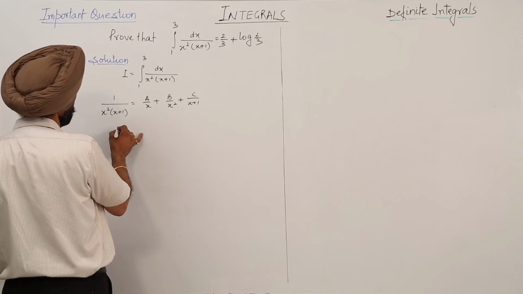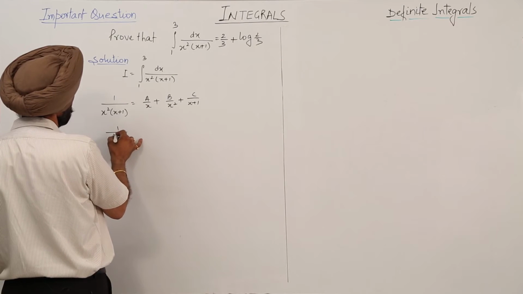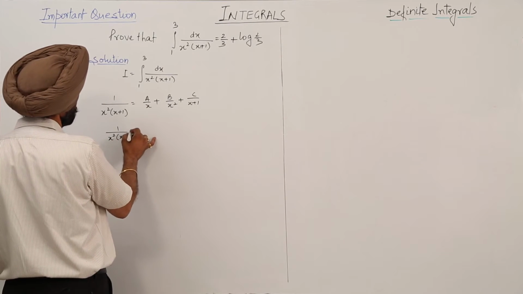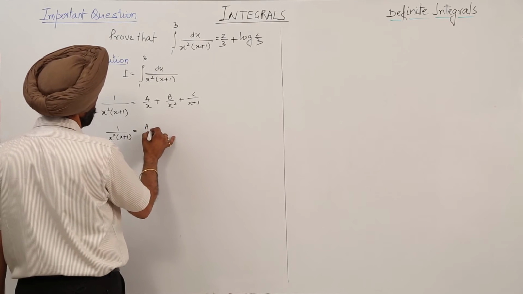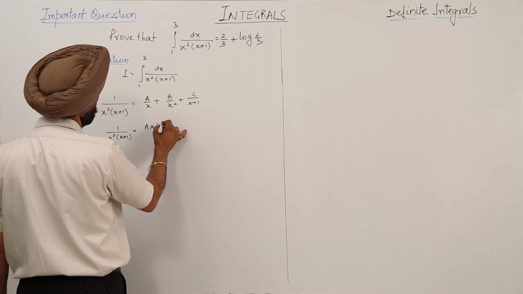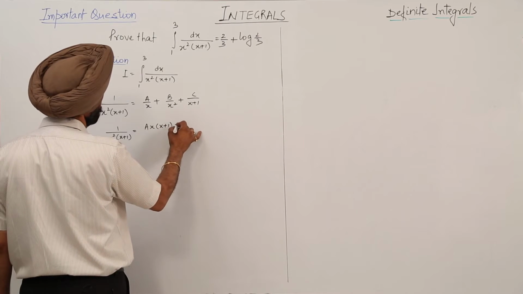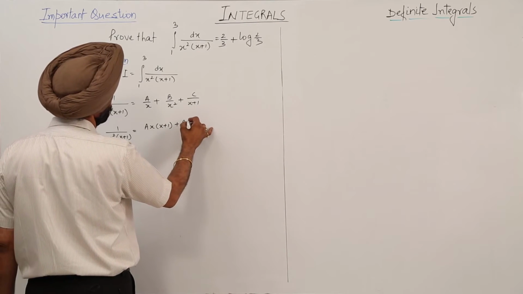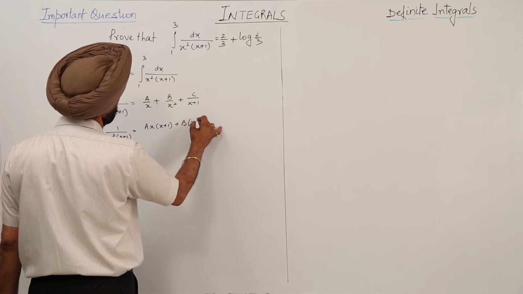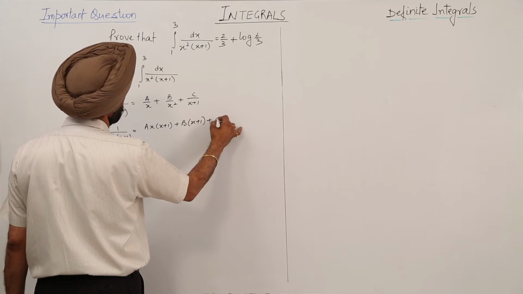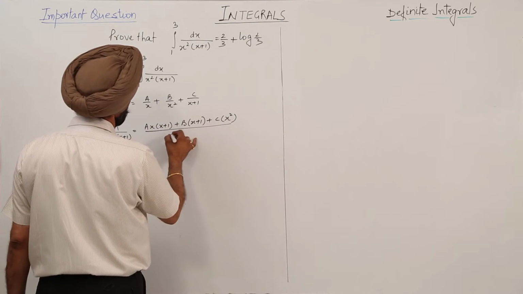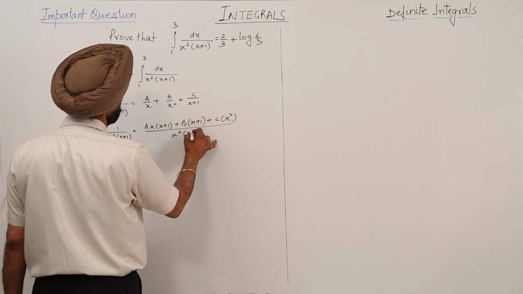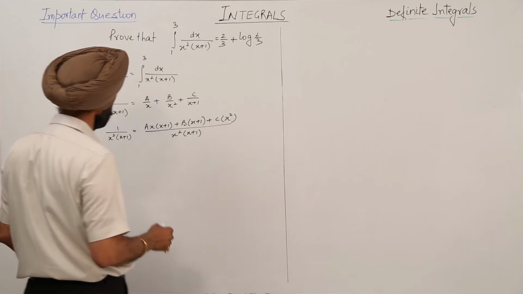or 1 upon x squared (x plus 1) is equal to Ax(x plus 1) plus B(x plus 1) plus Cx squared, upon x squared (x plus 1). Okay.